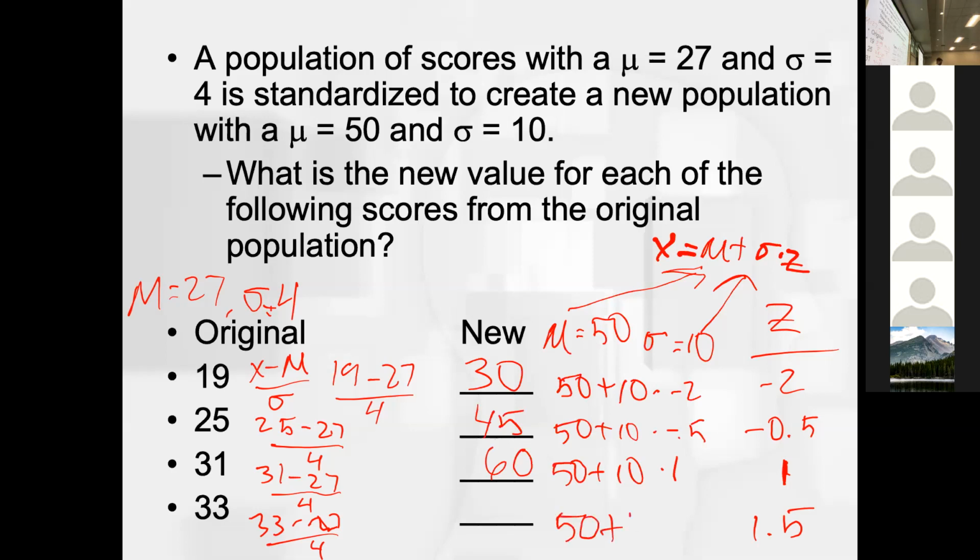And then 50 plus 10 times 1.5, or 50 plus 15 gives us 65. Right? And so now we can do another sanity check by finding the mean here. So we have 30, 75, 135, 200. 200 divided by 4 gives us 50. Perfect. Did it all right.